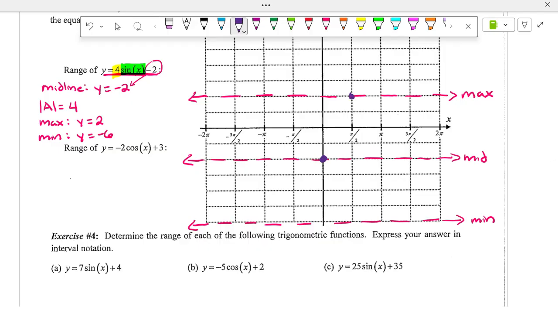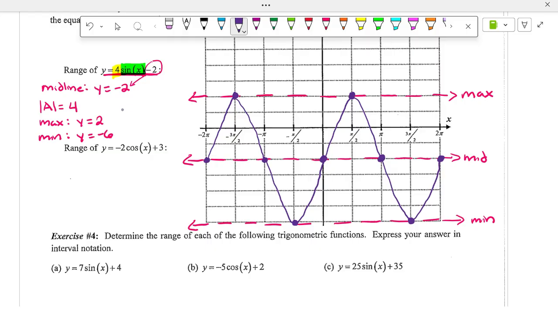So I go up, mid, then down, back to mid. Then on the opposite side, down, mid, up, mid. So this right here is my graph. Okay?